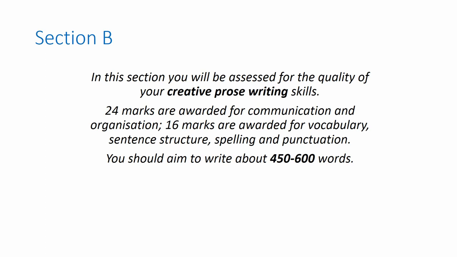So for your vocabulary, your sentence structures that you've used, your spelling and your punctuation. You must aim at writing about 450 to 600 words. That's just an A3 sheet backed, so both sides.